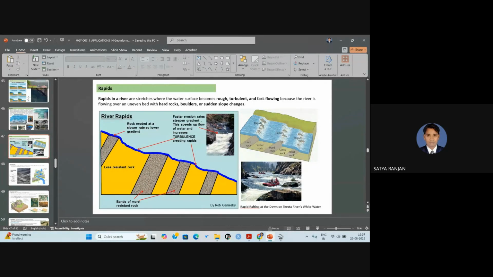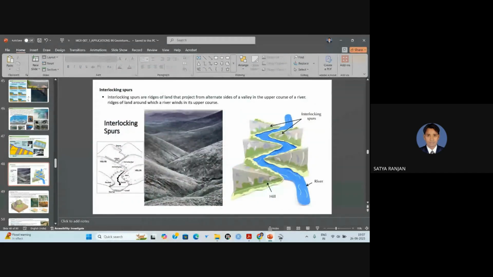So this is the rapids, and this is the interlocking spurs. Generally, this type of locking in different directions is there in hilly terrain areas. So this is called the interlocking spurs.